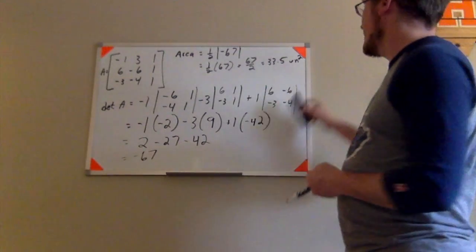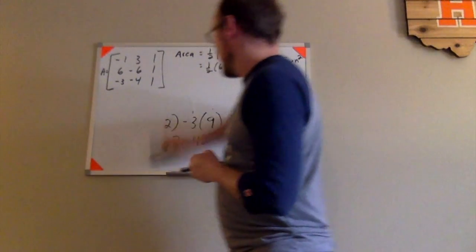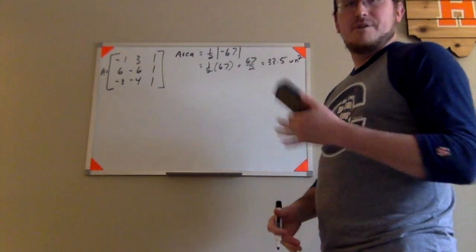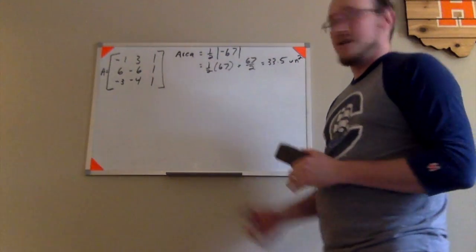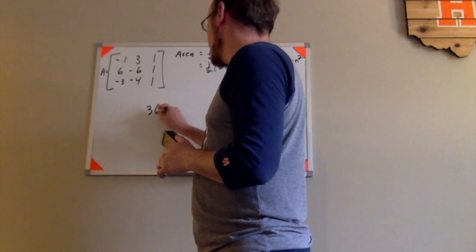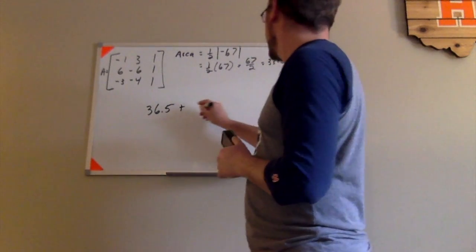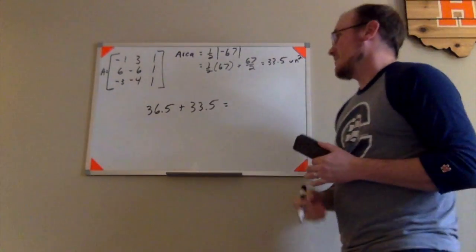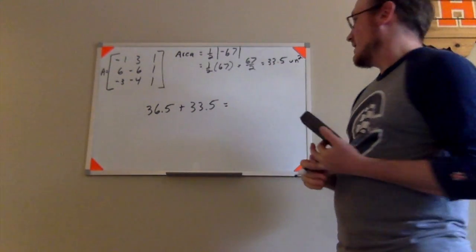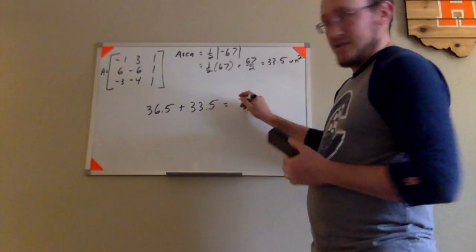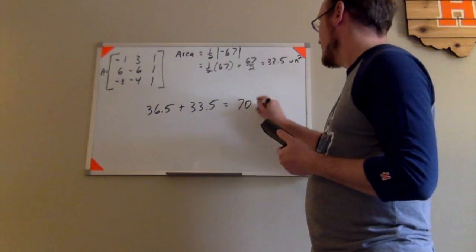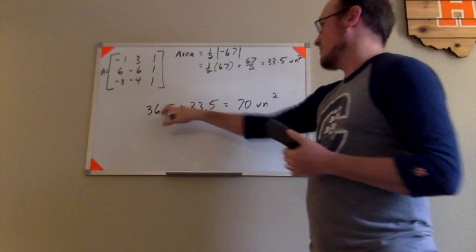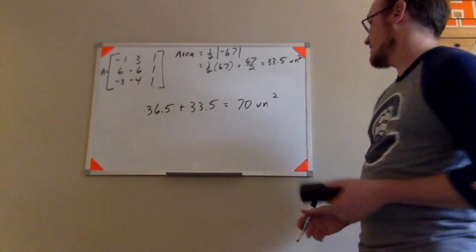Now let's put that all together. Now that we found that determinant and used it to find the area, if you remember in the previous part of the clip, the area of triangle 1 was 36.5 square units, plus the area of triangle 2, which is 33.5 square units. 33.5 and 36.5 together should give me 70 square units. 36 and 33 makes 69, and then 0.5 and 0.5 makes another 1 to make 70 square units.